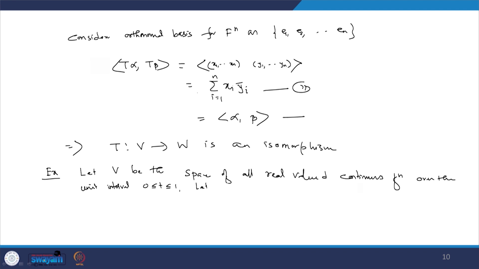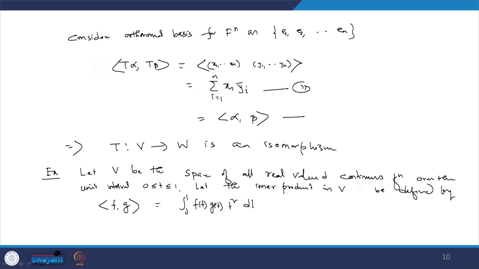Let the inner product in V be defined by the inner product of f and g equal to the integral from 0 to 1 of f(t) g(t) t squared dt. So, I have defined the inner product in this way.